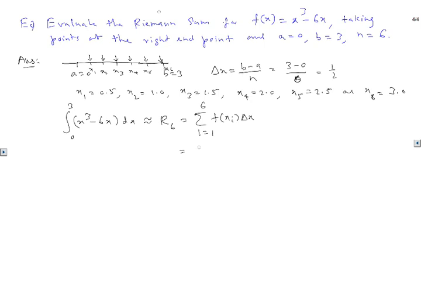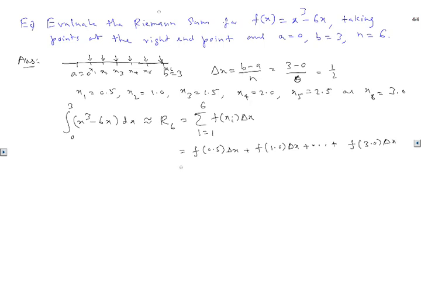So let's plug in. It is the function at the first point, 0.5, times delta x, plus the function at the second point times delta x, and so on, adding all the points, and the last one is f(3.0) delta x.